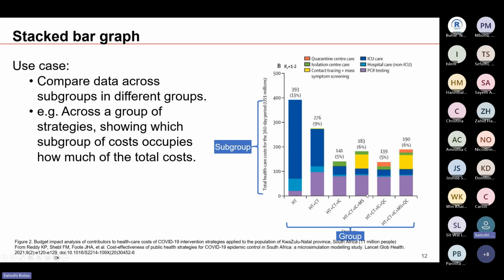This graph shows the total healthcare cost by each strategy, and you can see how much each category occupies of the total cost.